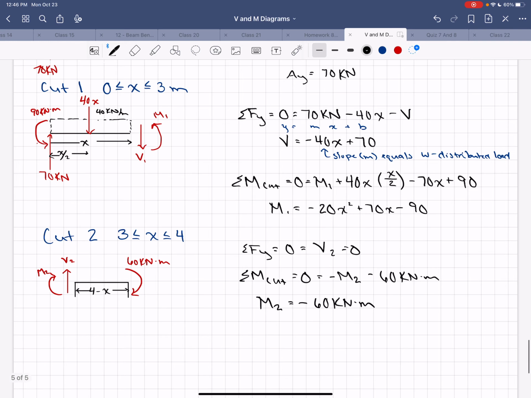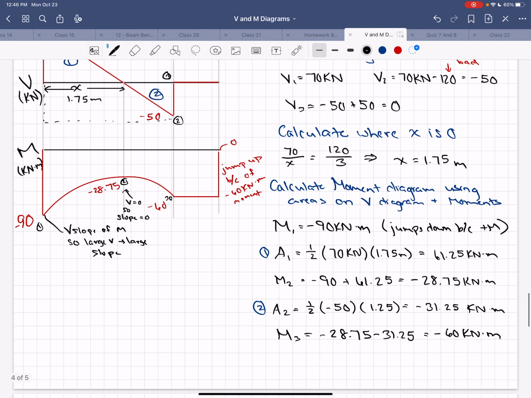And that's the equation, and if we look, that's the equation of that line. So there you go.